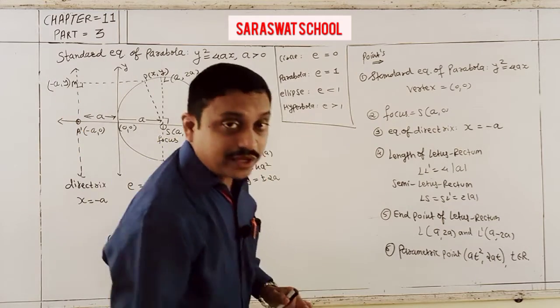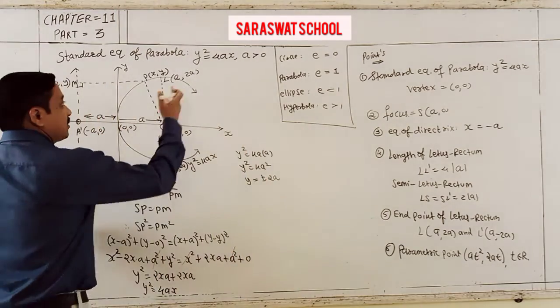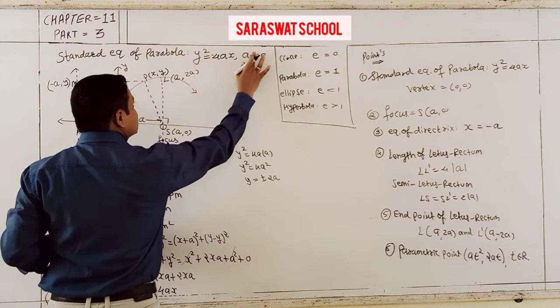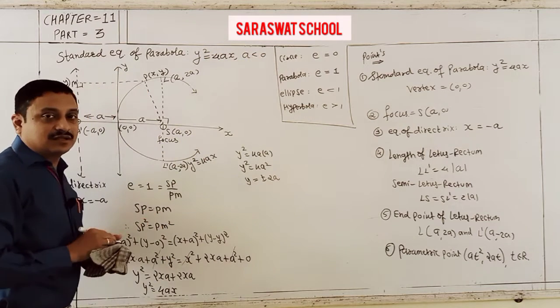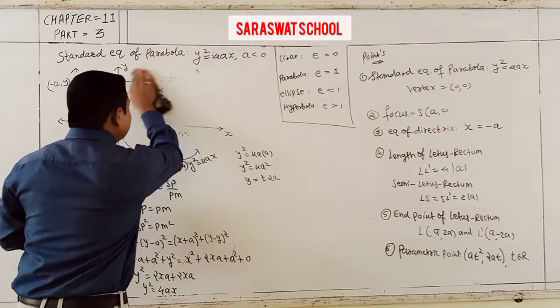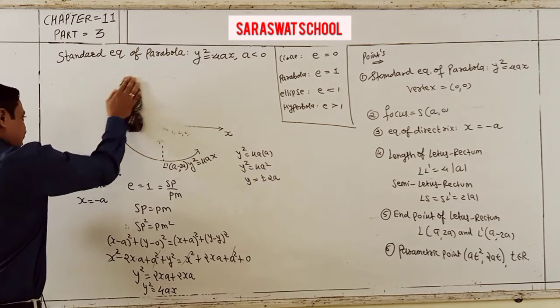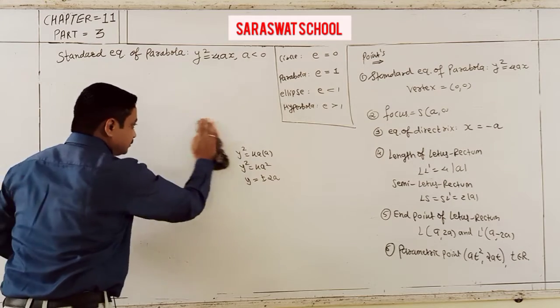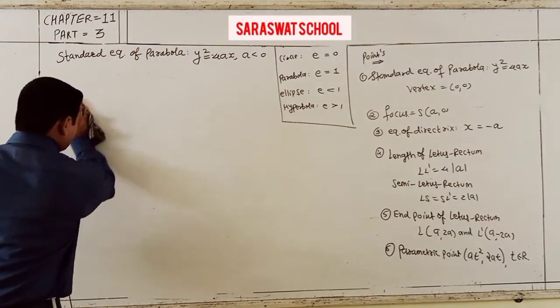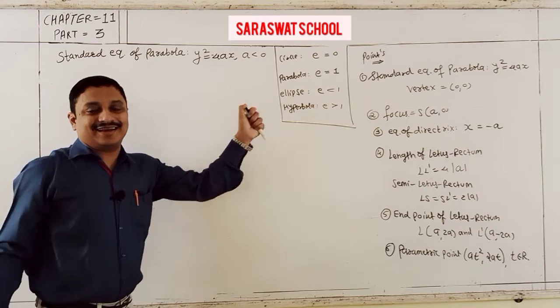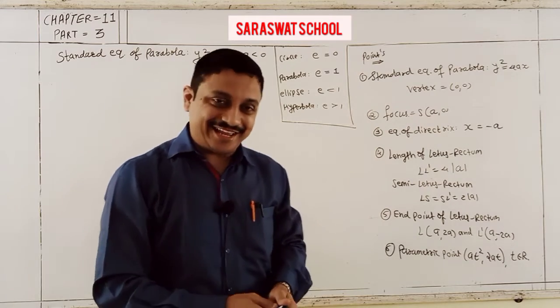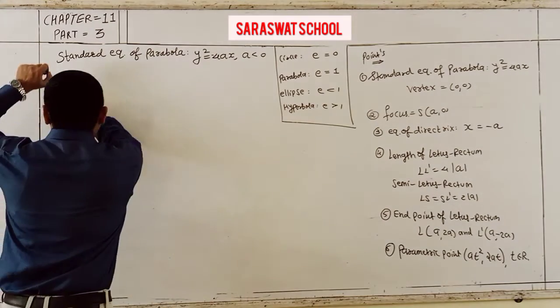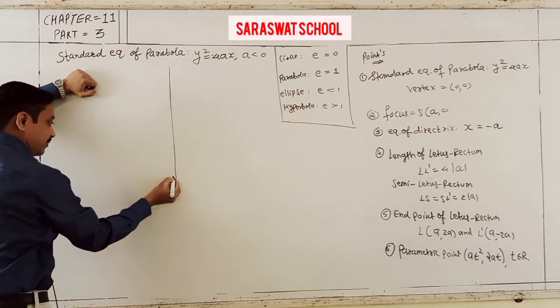Now I am going to case number 2. Standard equation of parabola, y square is equal to minus 4ax, here a less than 0. Yes, the equation is easily derived by the same calculations, but the drawing area is changed. And the parabola eccentricity is again taken as 1. So in the second case, you plot the drawing.